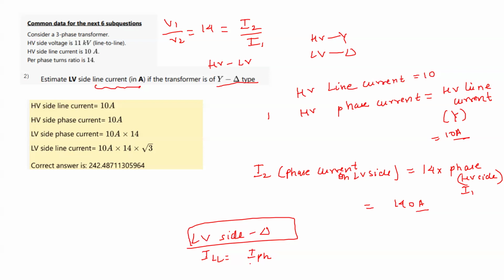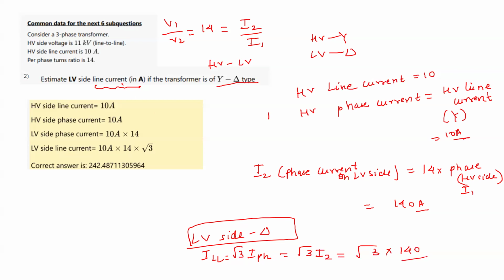The line current is root 3 times the phase current. Because we are asked the line current, we have to take root 3 times I2. So this becomes root 3 times 140.